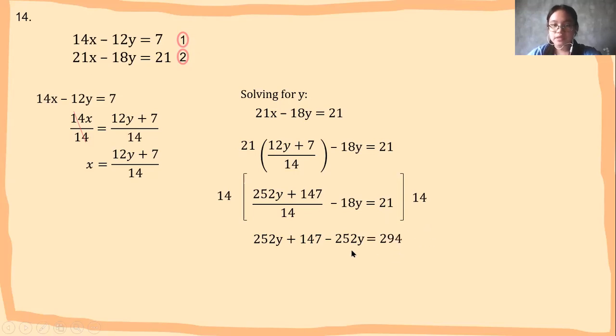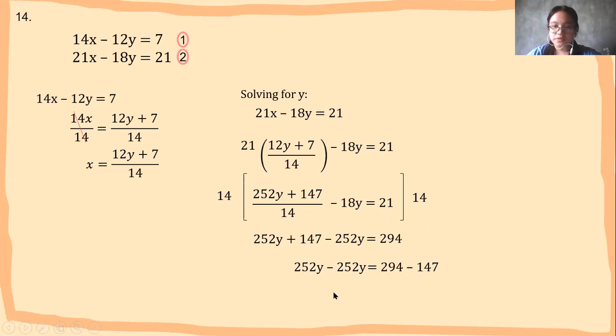Then the next step is to transpose the 147 into the right side, since it is only a constant number and it has no variable. So 252y minus 252y, these two terms remain on the left side, is equal to 294, and the positive 147, if we transpose it into the right side, will become negative 147.